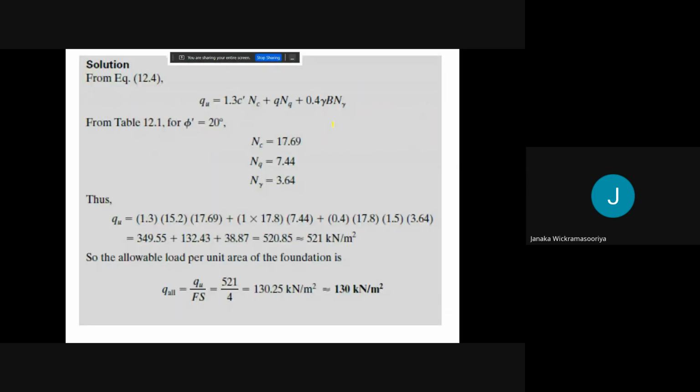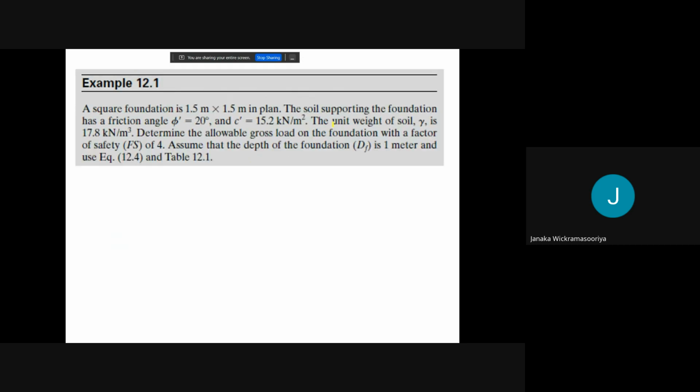Okay. Please draw a picture. It shows this. Start with me. That foundation is 1.5 meters in plan, so this kind of footing will be 1.5 times 1.5.